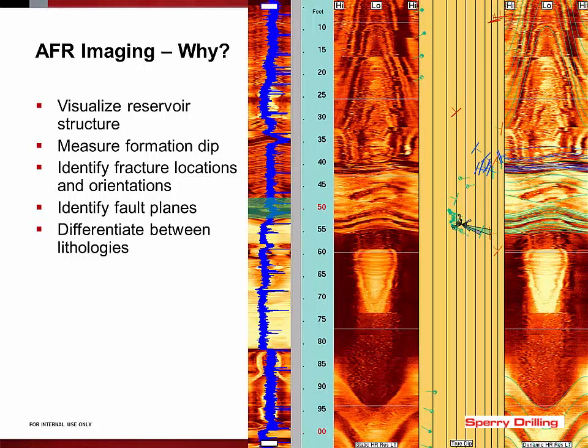You can just look at an image and recognize formations simply by their texture or their color or other aspects of them, which is very useful in some situations where, for example, we are in horizontal wells or wells which are moving up and down through a sequence, we may pass through the same bed multiple times in an undulating horizontal well. And being able to recognize particular formations from their appearance on an image can be a very useful tool.